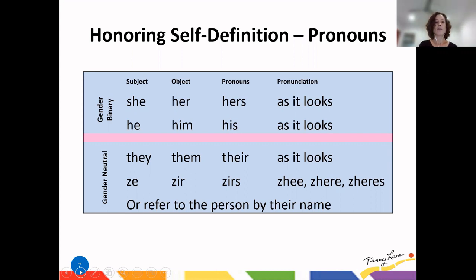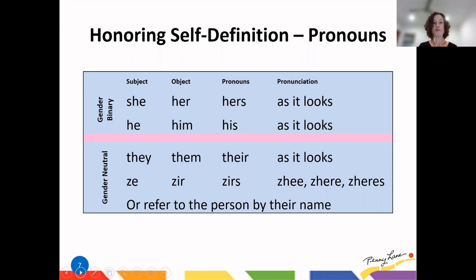But one benefit of they, them, and their is that it is gender neutral. So some people will prefer to use the gender neutral they, them, and their as their singular pronoun. For example, my friend Chris, who's non-binary, uses they, them, and their pronouns. And I would say, they went to the market, I went with them, the bags are theirs.